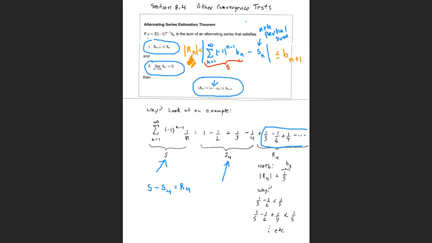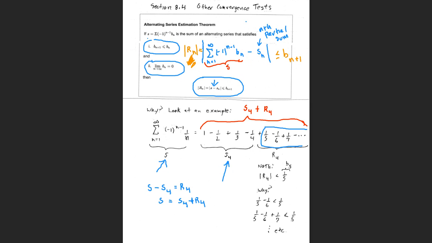So S would equal S sub 4 plus R sub 4, which is what I have written here.